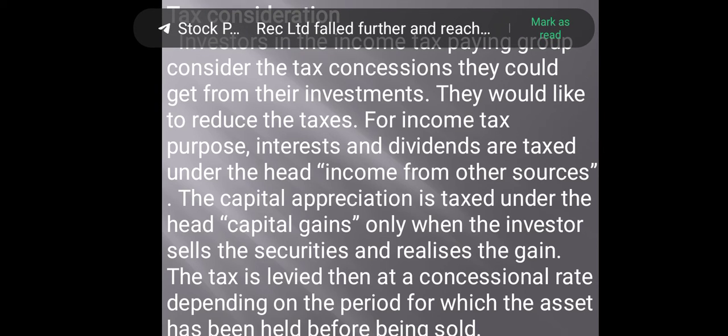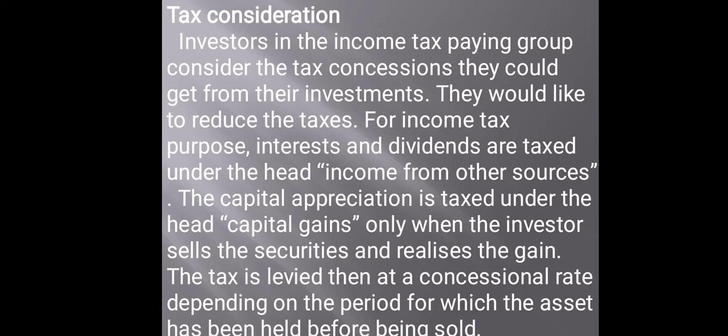The next constraint is tax consideration. Investors in the income tax paying group consider the tax concessions they could get from their investments. For all practical purposes, they would like to reduce the taxes. For income tax purposes, interest and dividends are taxed under the head income from other sources.